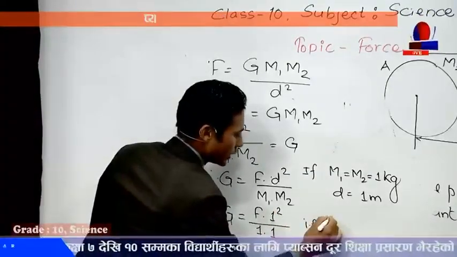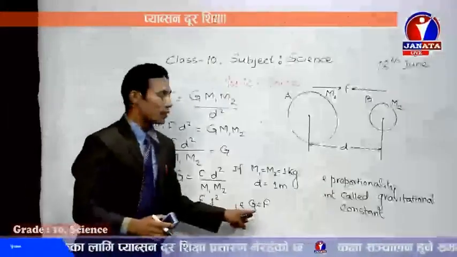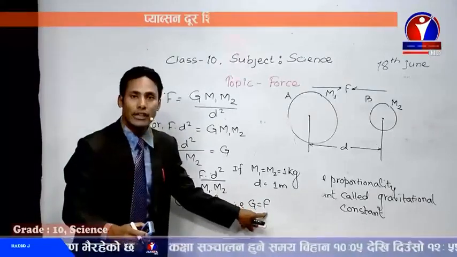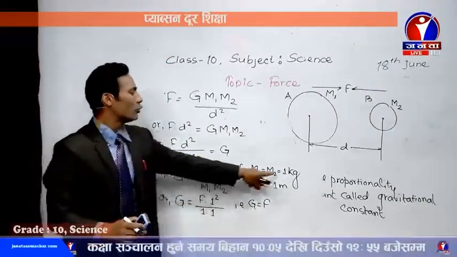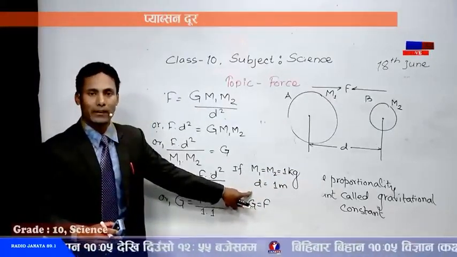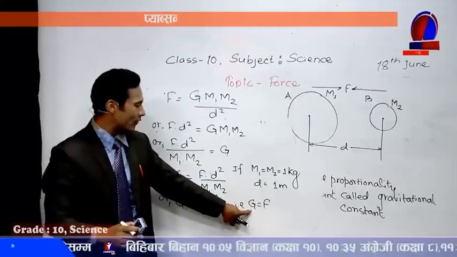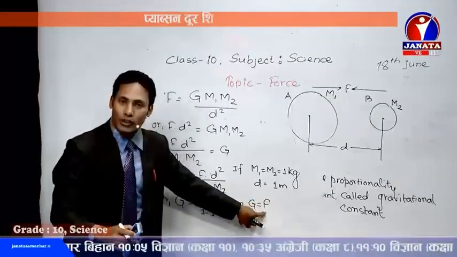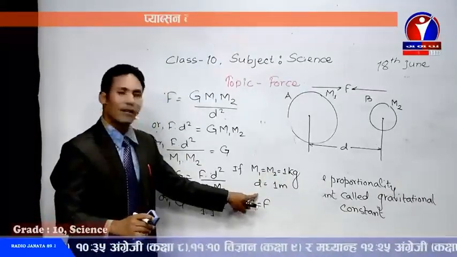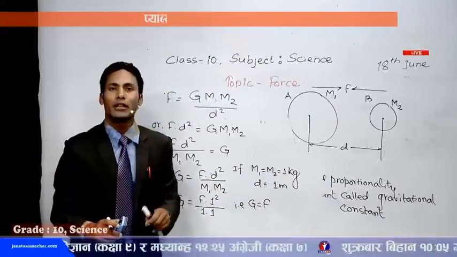That is G equals F. So gravitational constant G can be defined as the gravitational force exerted between two unit masses separated by the unit distance. Clear? Let me explain once again. That is the definition of gravitational constant.